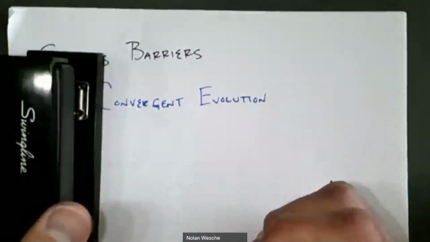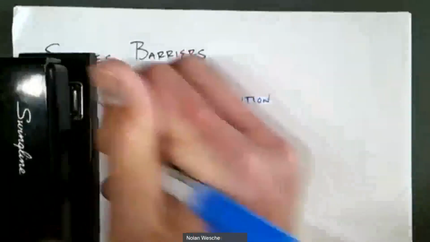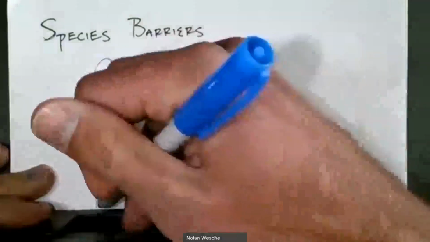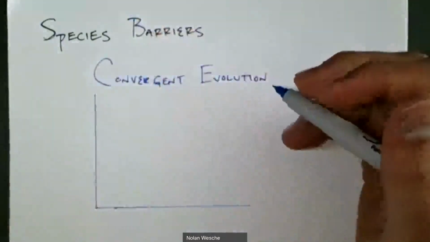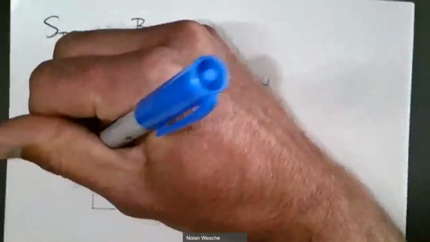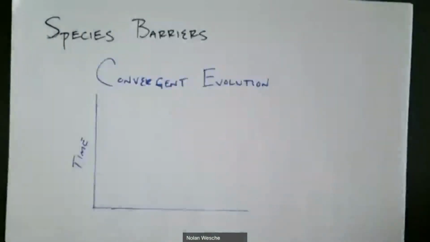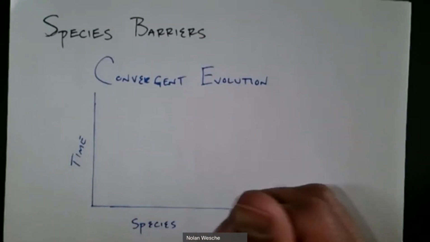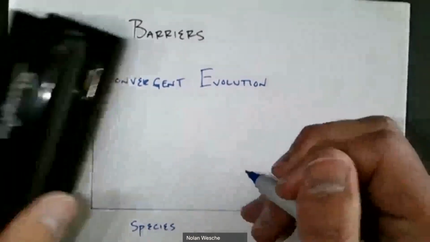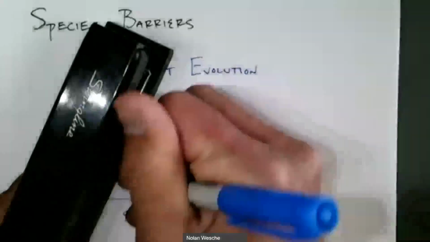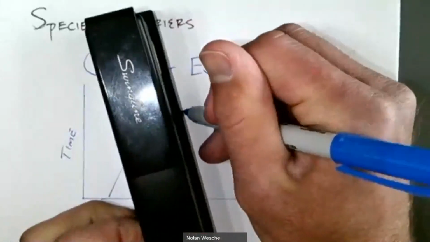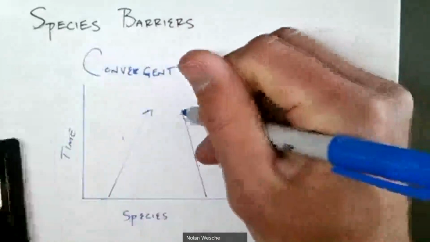And it's this idea where if we have, sketch out our graph, we have time over here, and we have kind of like species differences over here. Convergent evolution would be this idea that as time goes on, these species are becoming more and more similar, right? And it's due to selective pressures.